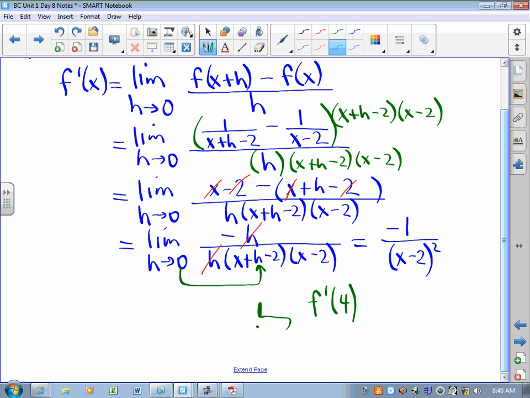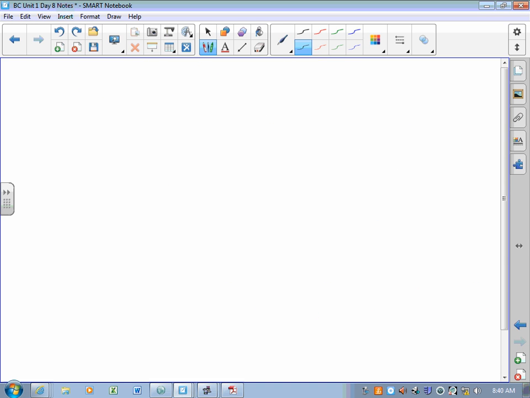I have everything here, so I can just substitute 4 in for x and get -1 over 2 squared, and that's -1 over 4. I'm now able to find the slope of the tangent line at any point because I know the slope of the tangent line at every point. I'll do one more. I hope this is familiar to you. I hope you're at home saying, gosh, I could fall asleep. This is so familiar to you.